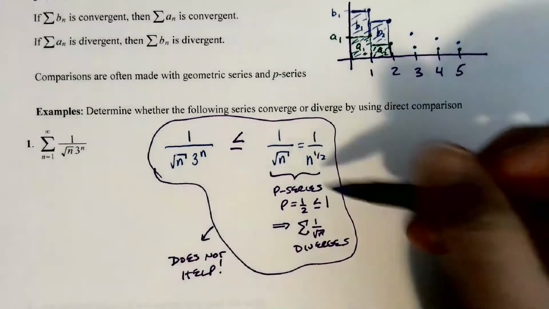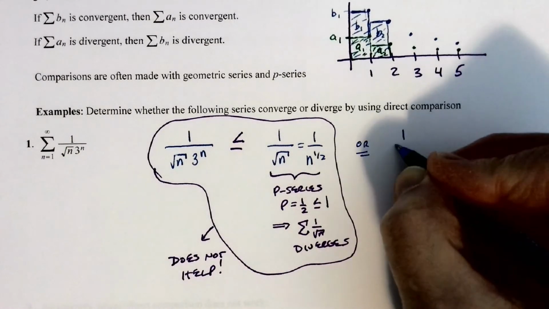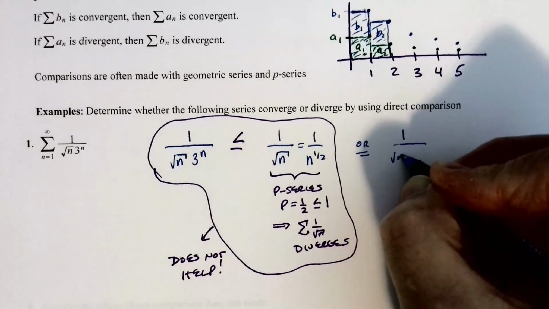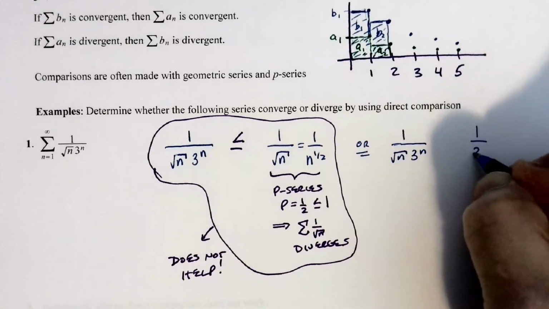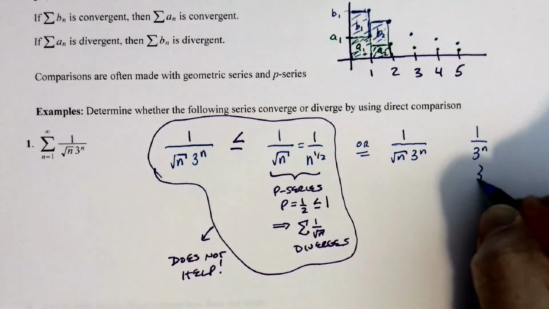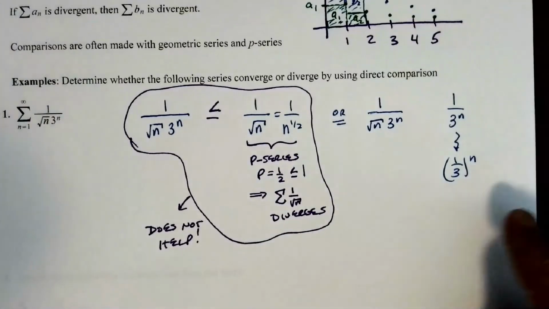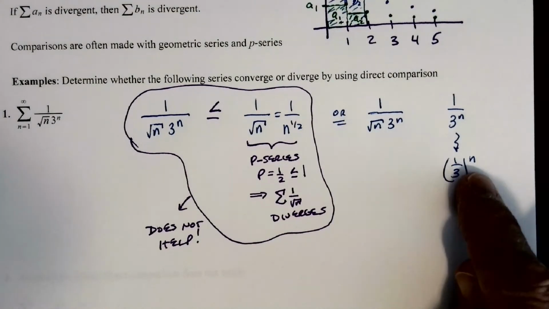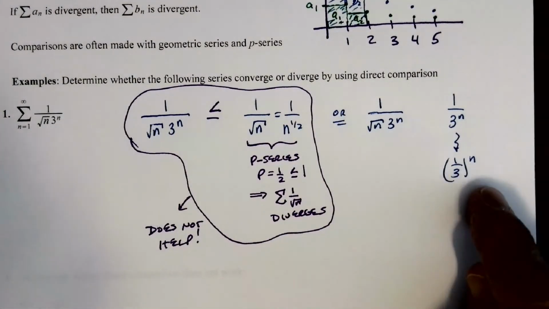However, we could have also compared our terms with this, which is the same as 1/3 to the n. What are those terms? 1/3 to the first is 1/3, 1/3 squared is 1/9, 1/3 cubed is 1/27.